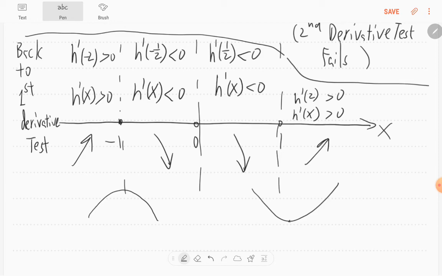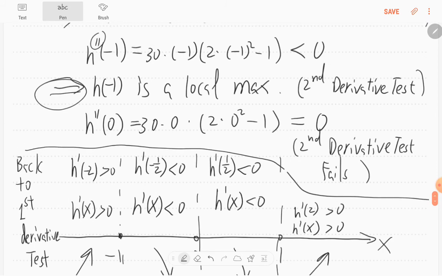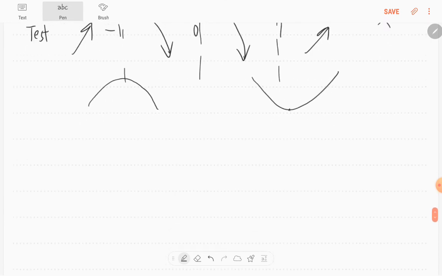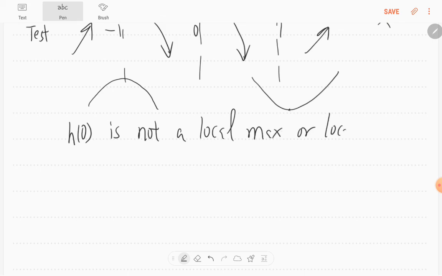That means 0 is not a local maximum or local minimum. So we only have 2 local extrema: h of 1 is a local minimum, and h of negative 1 is a local maximum. So h of 0 is not a local maximum or local minimum.